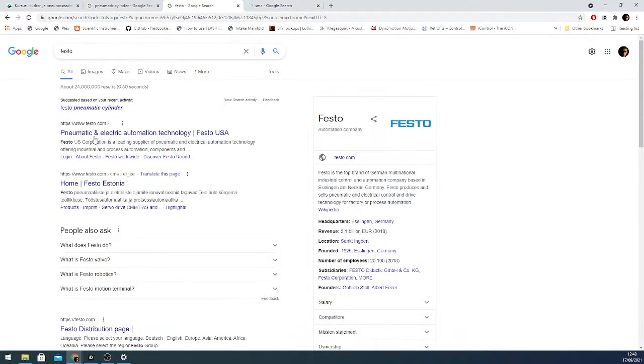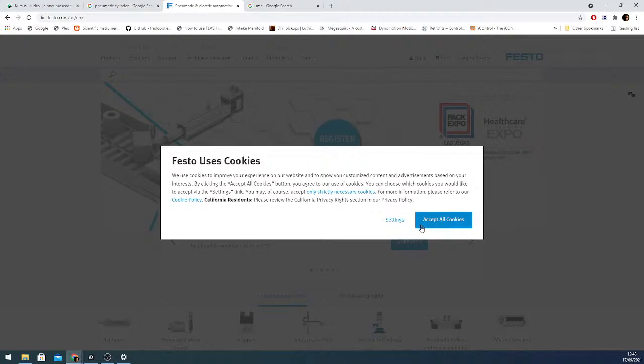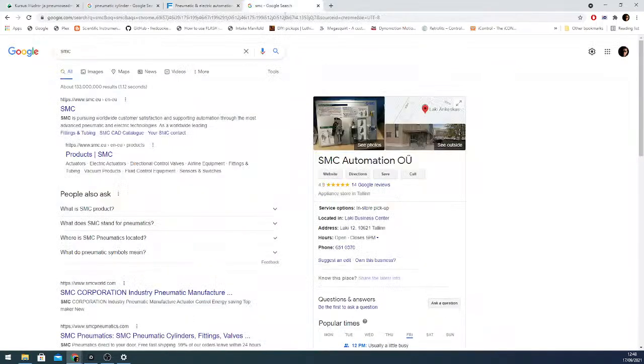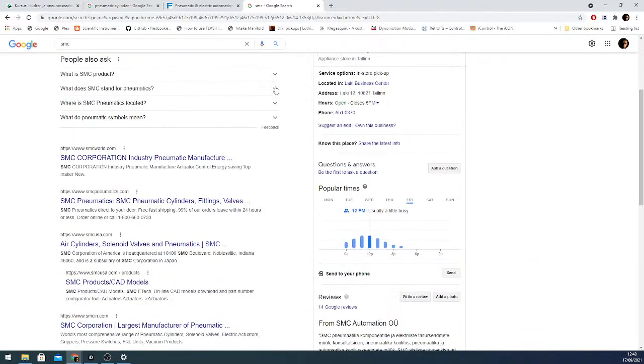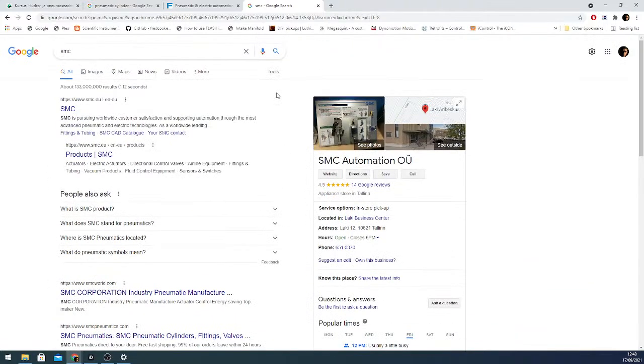So Festo, I think, the headquarters is in Germany. I think they are basically from a German company. And SMC, actually I don't remember it. I think it originated from somewhere in Asia, but I'm not really sure at the moment.